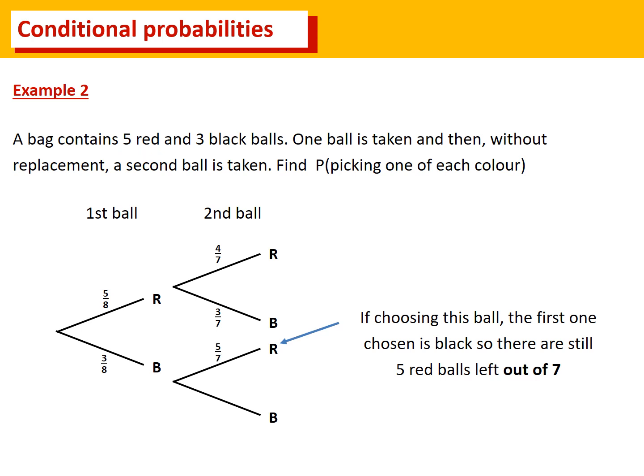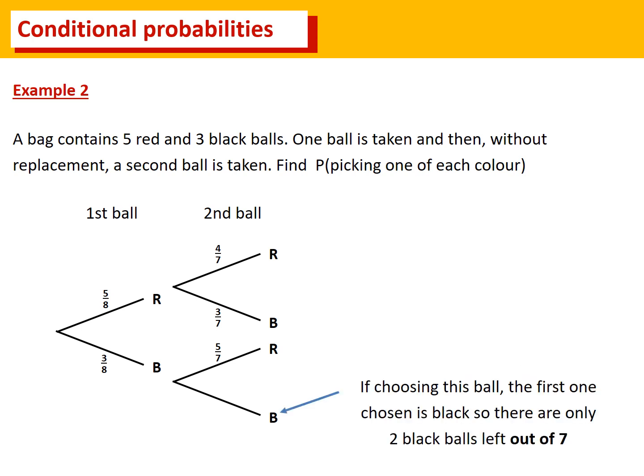So that gives us 5 out of 7 as a probability for the red. And then here, what's the probability with our second pick of choosing a black? Well, the first ball picked here has been black, so there are only 2 black balls left out of 7. So that probability is 2 out of 7.